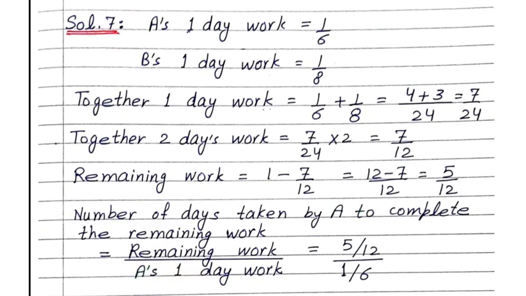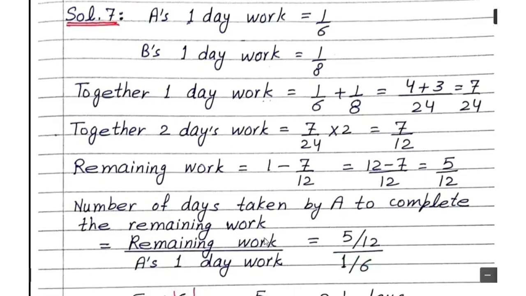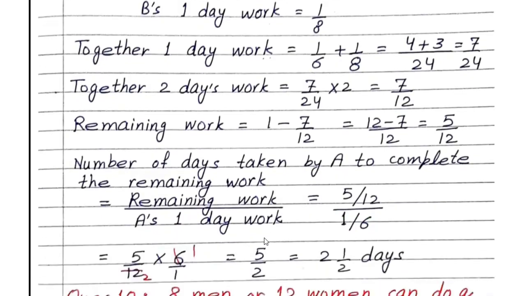So here, children, you can see that remaining work is 5/12 and A's one day work was 1/6. So what is the final answer? Yes, that is 5/2. So 5 upon 2 is the number of days, that you can say 2.5 days. I hope you all have understood this. This is a very important question.